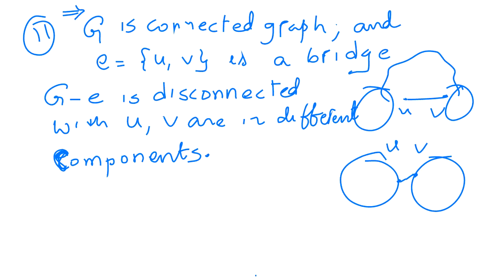Then you can say in your own words, if there is a chain from U to V which doesn't have UV, then UV cannot be the bridge, because even after removing this, it is still connected. Oh man, I don't want to clear it. There is no way I can erase this. If there is another chain like this, even after removing UV, the graph is still connected. That's what you can write in your own words.